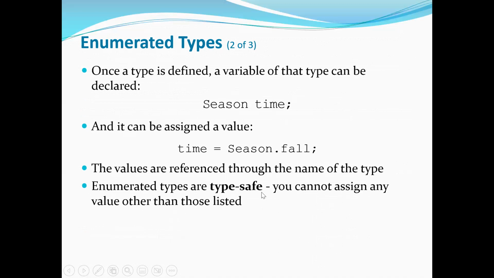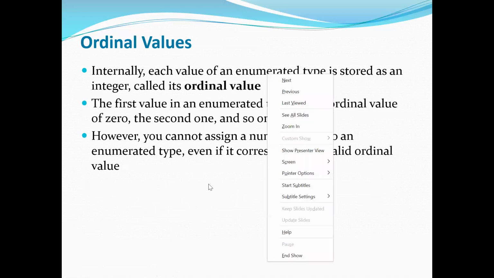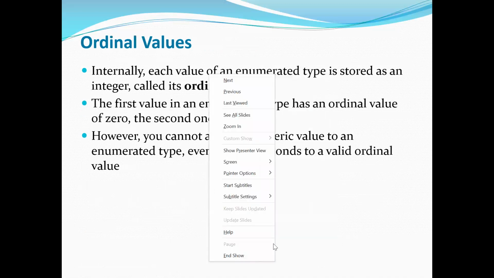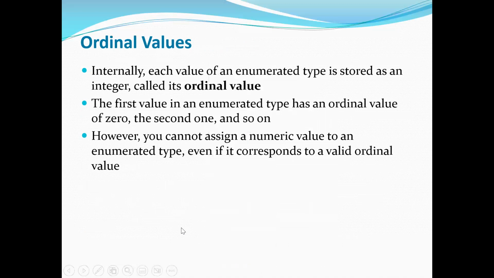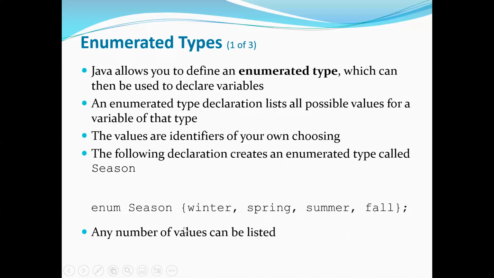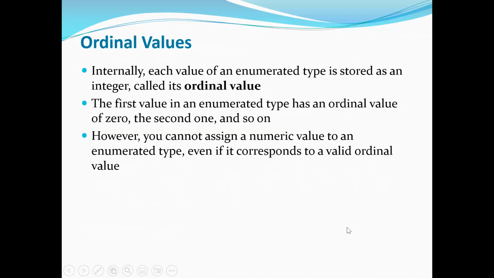Enum types are type safe. You cannot assign any value other than those listed. So when we create a season, let's go back, we listed winter, spring, summer, fall. So this means if I create any variable with the type season, I can only assign any of these 4 words to that variable.